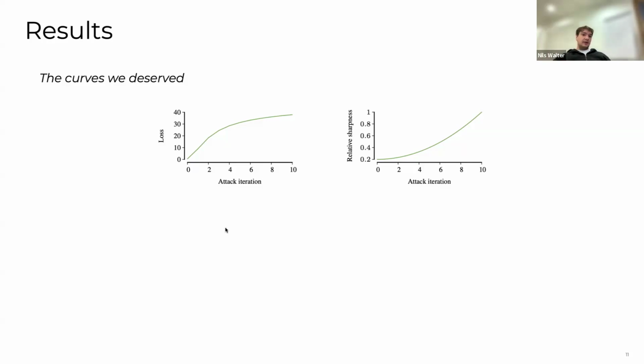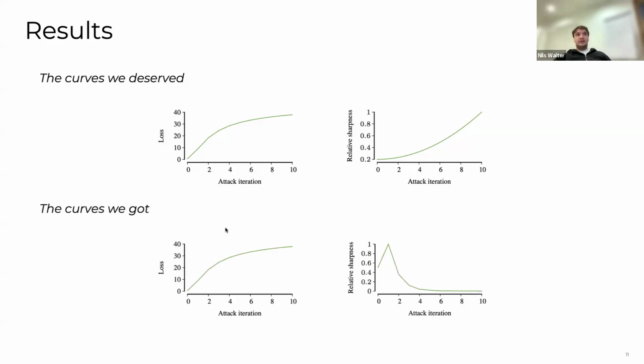But what we observed in practice is very different. Obviously the loss goes up, but these are the curves that we get. Instead of things getting sharper, we suddenly go into a very, very flat region as we progress the attack. And this point also more or less splits the contribution that we have, which is this bound.